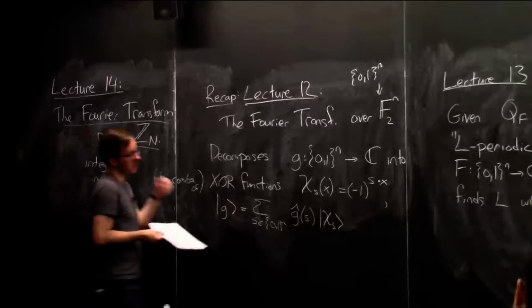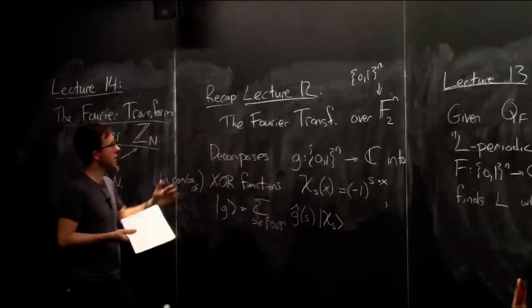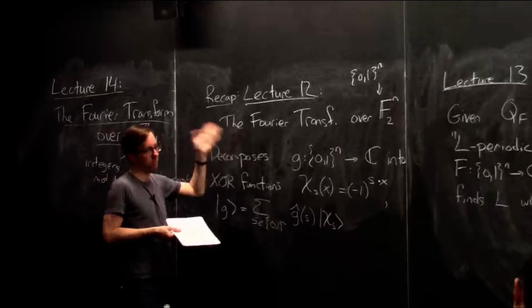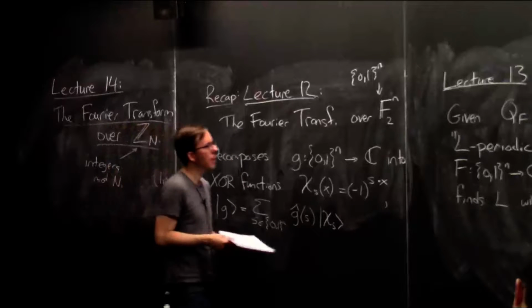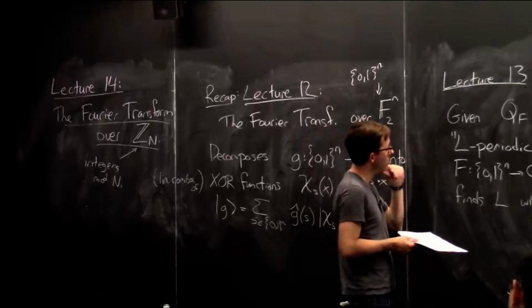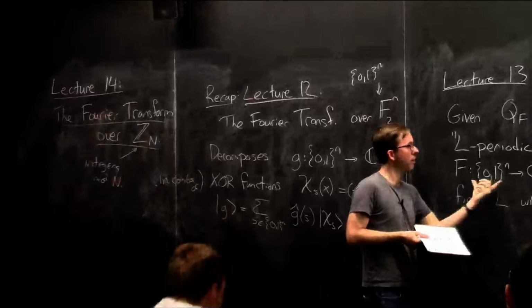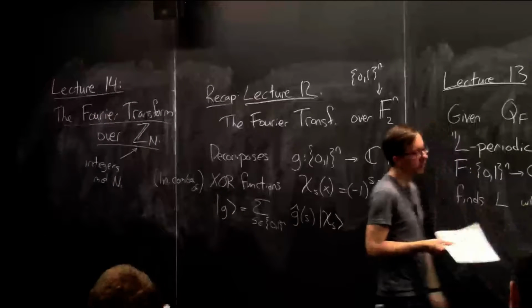And then in the next lecture, Simon's algorithm, we put this to good use. We knew there's a very simple quantum circuit that does this Fourier transform. You just have to put a Hadamard gate on each wire. And we solved Simon's problem, which was the following. You have a function f mapping the Boolean cube into some set, which I called colors.